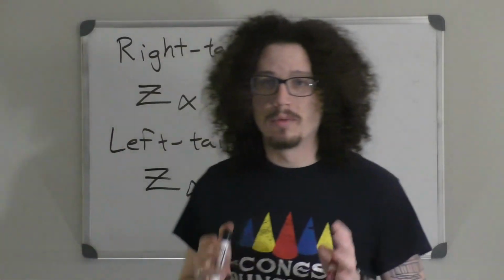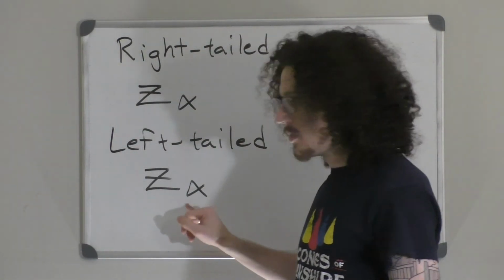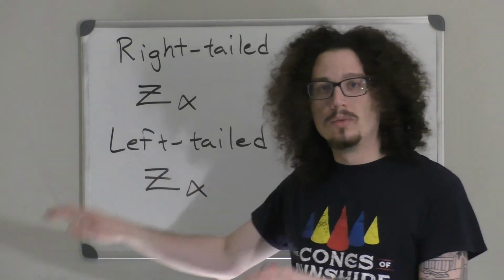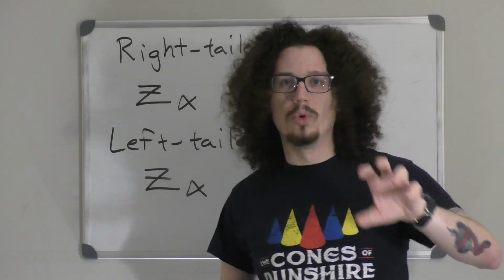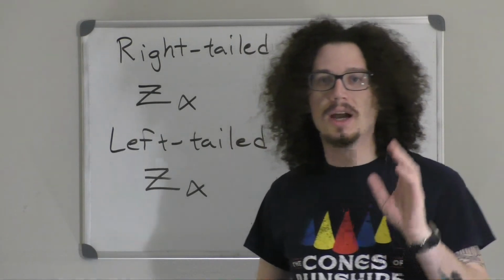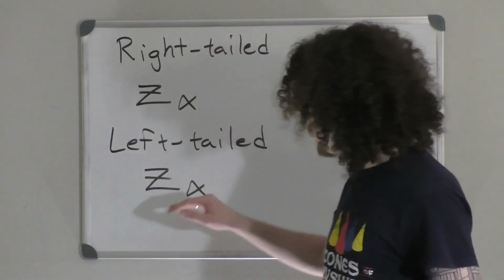This is a bit of a change up from what we have been doing with our confidence intervals and our two-tailed test. With our one-tailed test, we are only going to have a rejection region in one tail. So we're not needing to cut alpha up. It's all going to get put into one place.